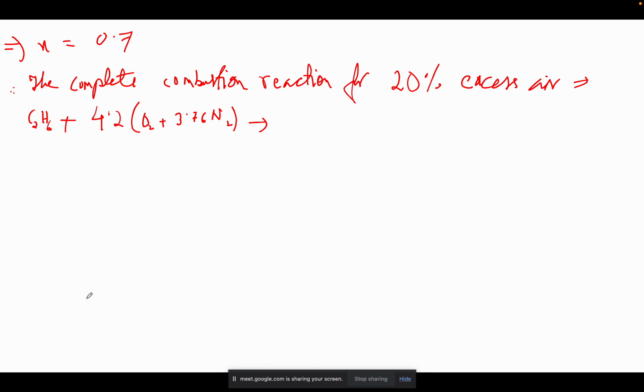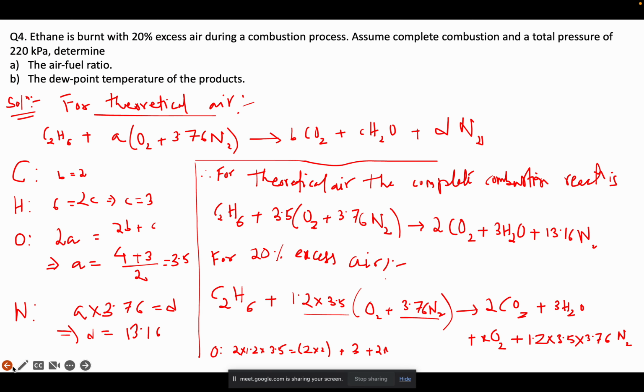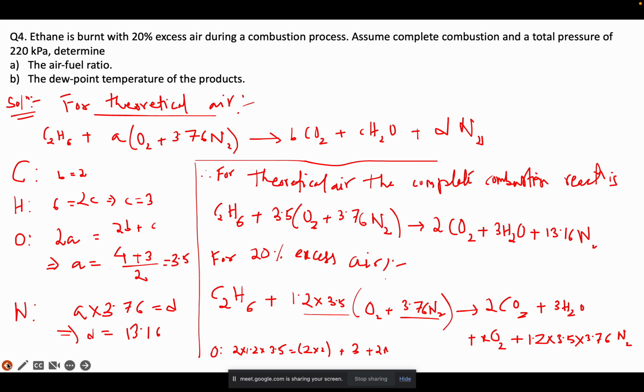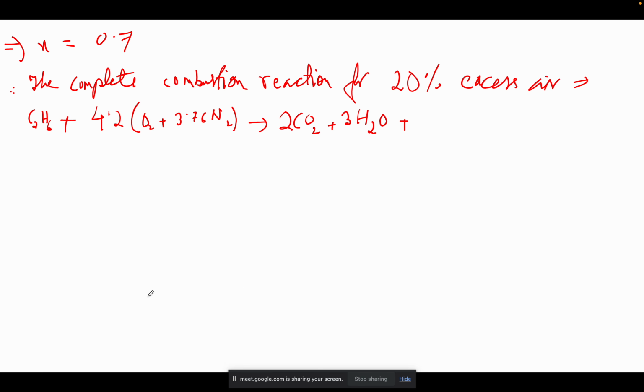Then this will give 2CO2 plus 3H2O plus 0.7O2.